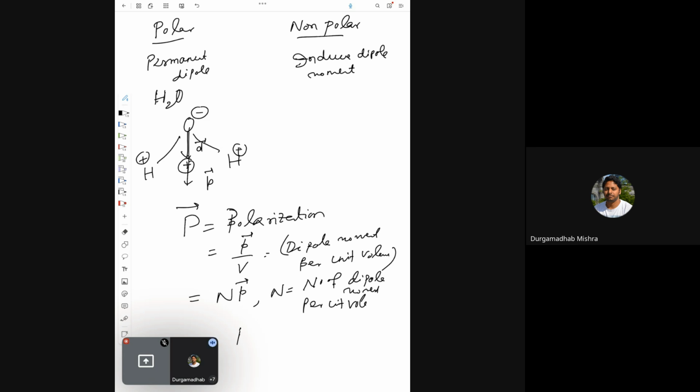We know that p is proportional to E, so my polarization is also proportional to E, which is normally written as chi epsilon naught E. The chi is known as the susceptibility.